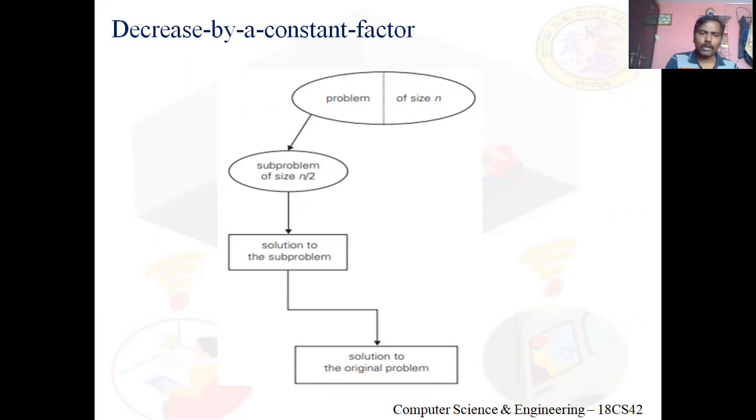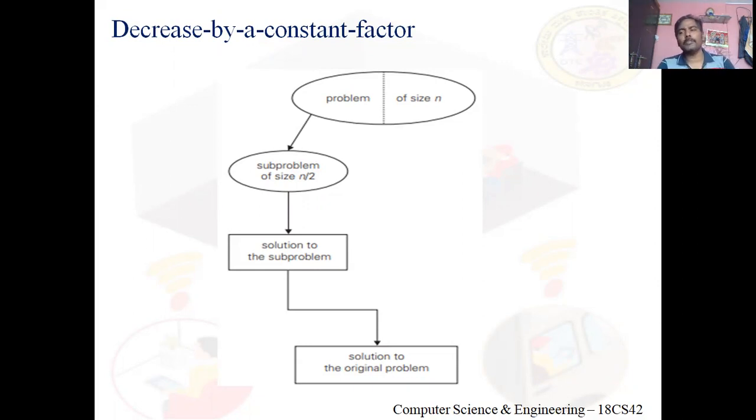Then one of the halves I'll consider, the other I will discard. In the considered half, again I'll compare the key with mid. If a match occurs, successful search. And the successful search is nothing but the solution for the given array of 100 elements, right? Got it? So this is decrease by constant factor.